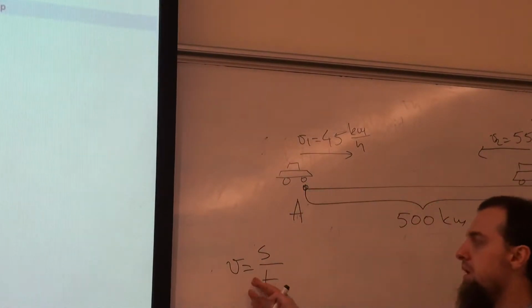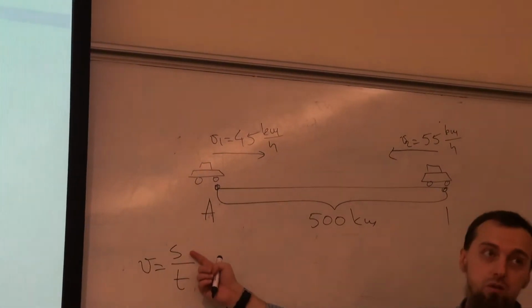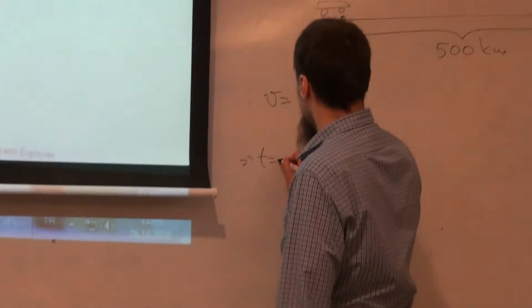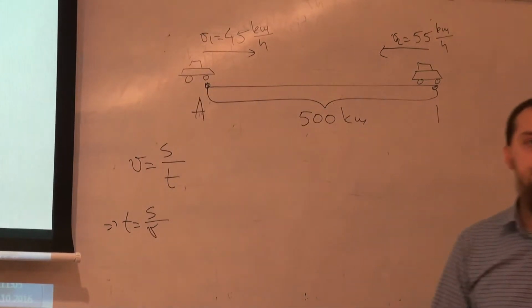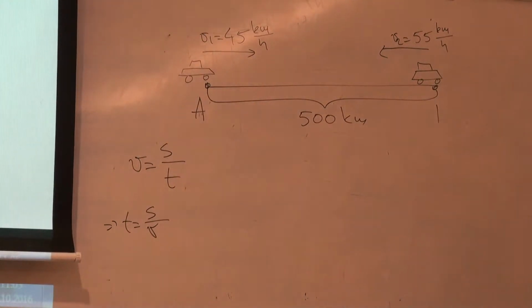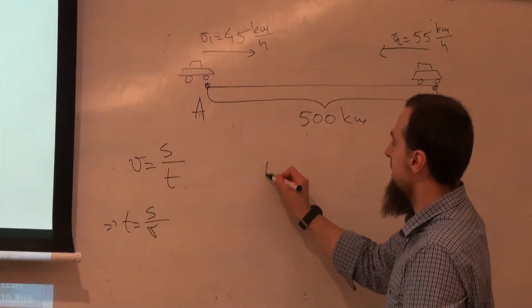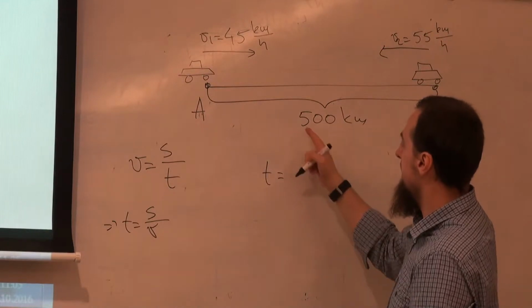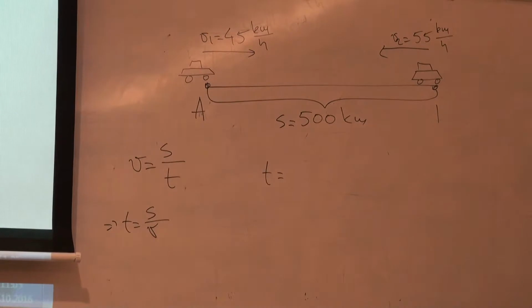The speed is calculated as the distance traveled in a certain amount of time. Distance, I've written it with S and time is t. Basically, t is equal to S divided by v. But they are going towards each other. So in this case, they will meet each other, and S here is 500 kilometers, the distance.